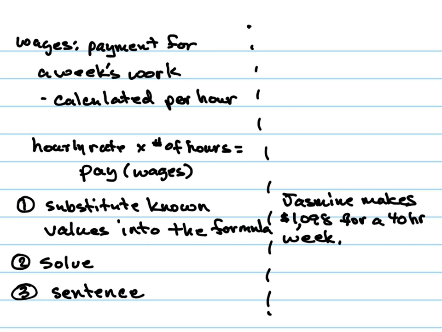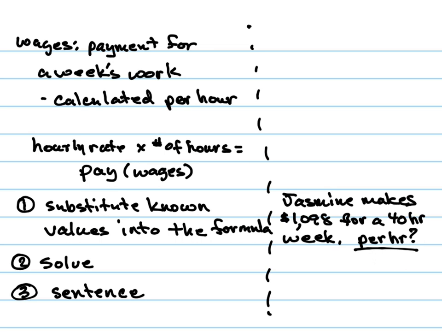So our question is, how much does she make per hour? So per hour is our question. And I'm abbreviating a little here. I'm fine with you abbreviating as well, as long as you don't abbreviate too much in your answer so that it doesn't make any sense.